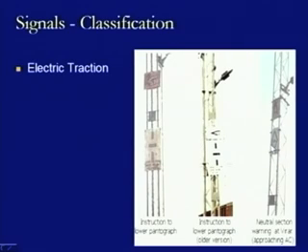Then if it is a rhombus like this, it means it is a neutral section. There is no electric current being provided in this section, and the train has to move with the current already available to it. Similarly, this is the instruction which is given for the pantograph, that is the connectivity provided between the locomotive and the electrified track traction cable at the top.